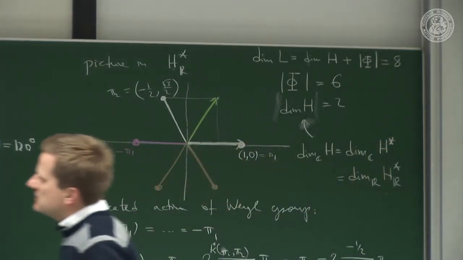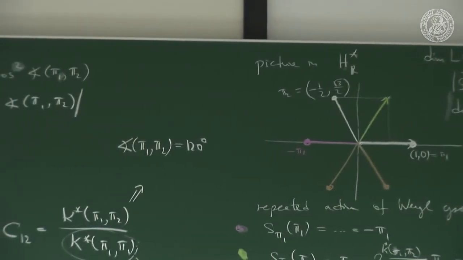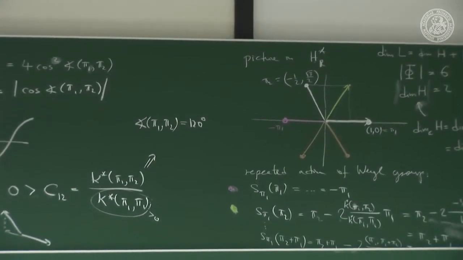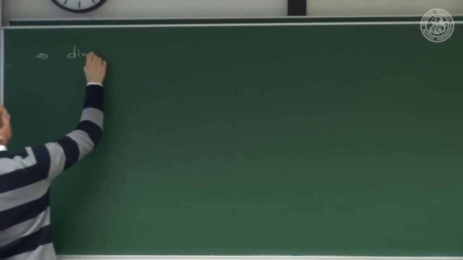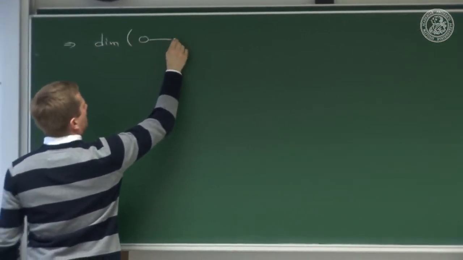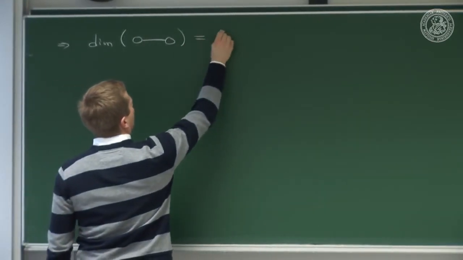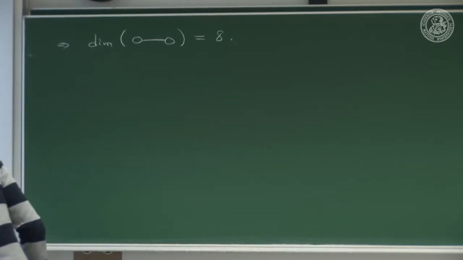So we already found that the dimension of this Lie algebra is 8. So from this it follows the dimension of whatever Lie algebra is represented by this Dynkin diagram is 8. Okay, and we constructed the entire root space.